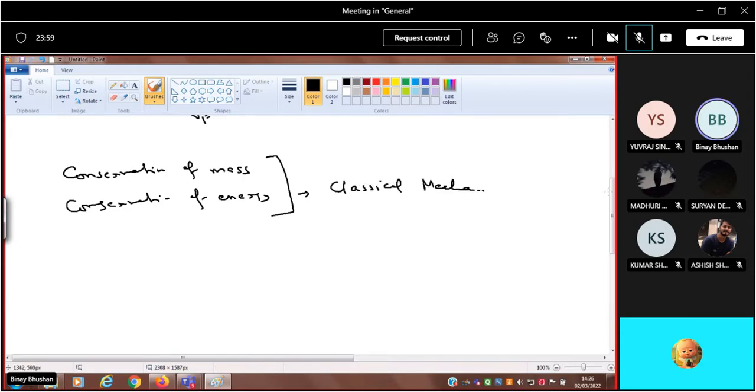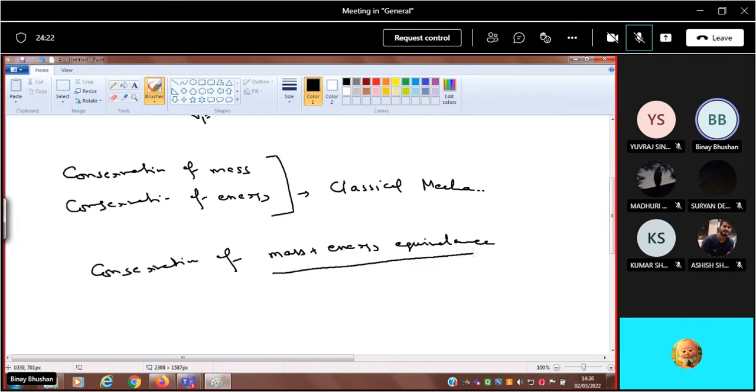But here in STR, we have only one conservation, mass plus energy equivalence.